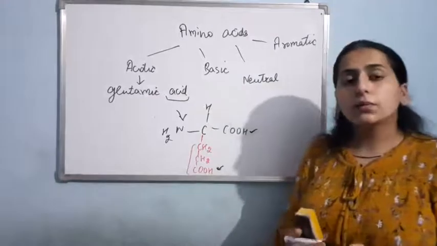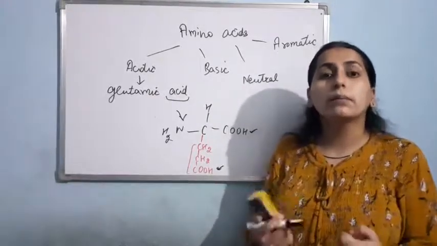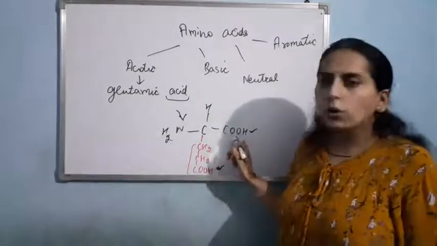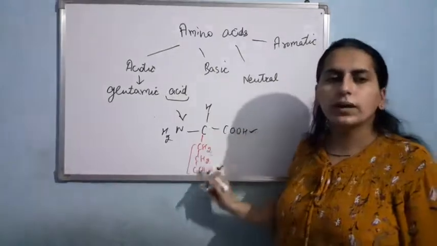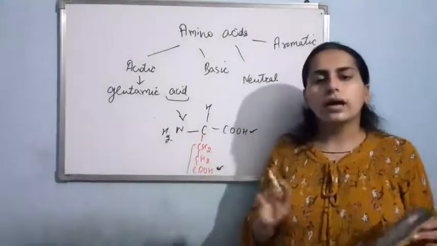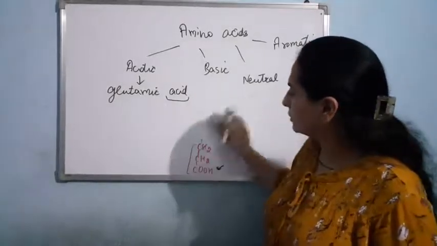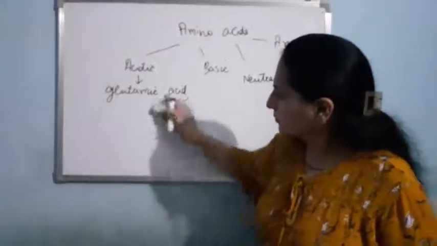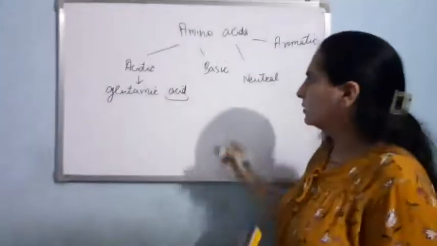Am I clear? So whether the amino acid is acidic or basic, it will depend upon the number of COOH groups or NH2 groups. Here you can see COOH groups are 2, so it is an acidic amino acid. Is this fine? Now let us talk about the basic amino acid. The example of basic amino acid is lysine.